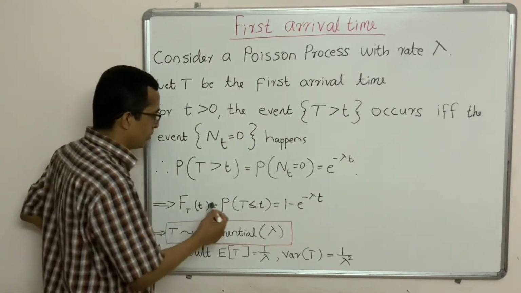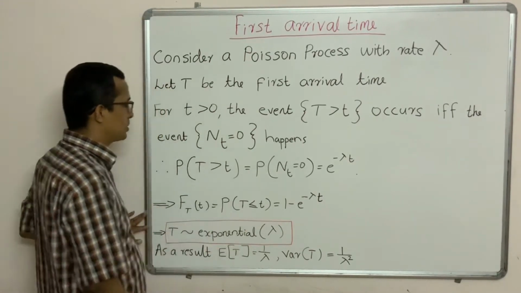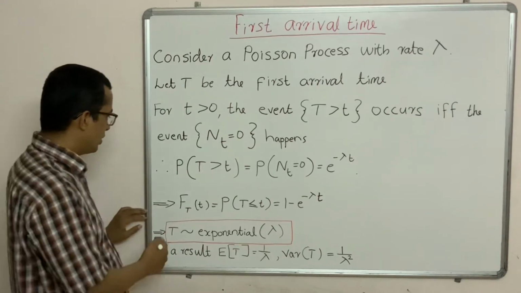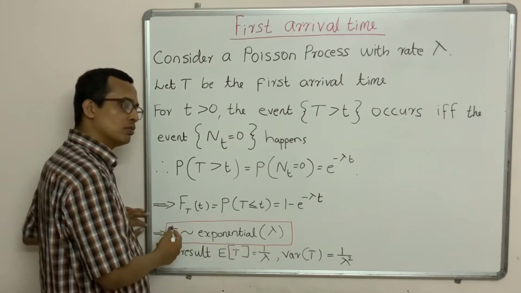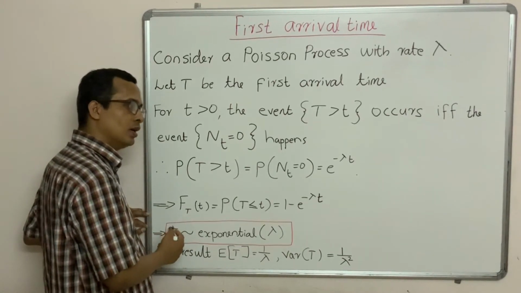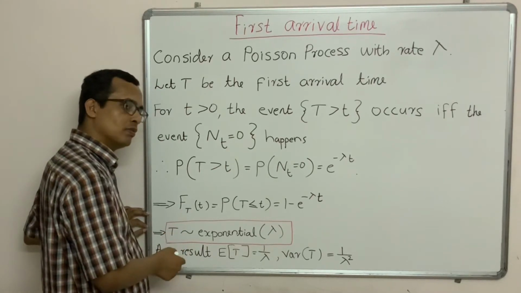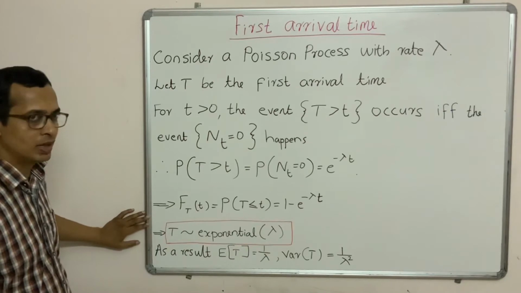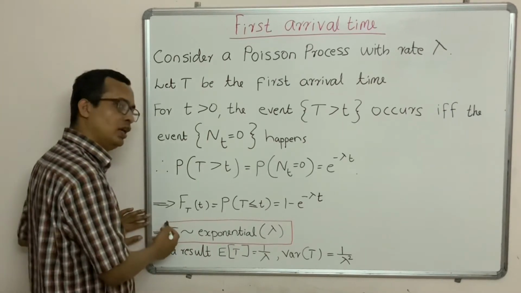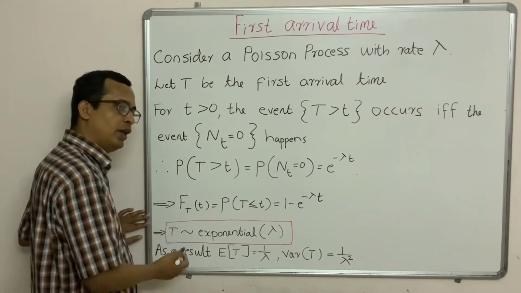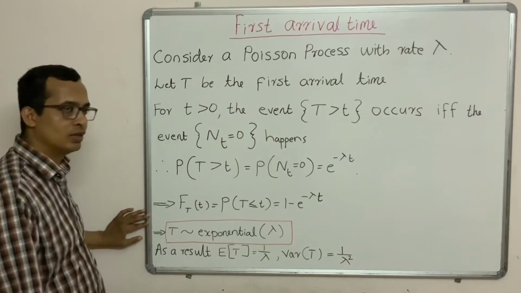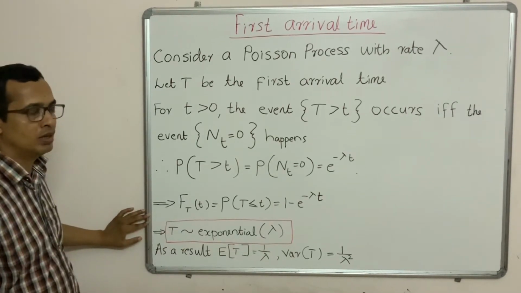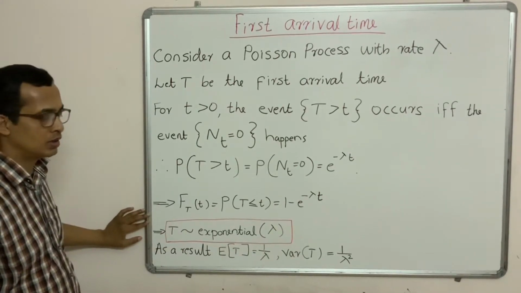If you still don't remember the exponential distribution function, you can take the derivative d by dt of the CDF, and you will get the PDF, which is lambda e power minus lambda t. It is not essential; it is enough to have the CDF also. Either the CDF or the PDF uniquely determines the distribution of a continuous time variable.